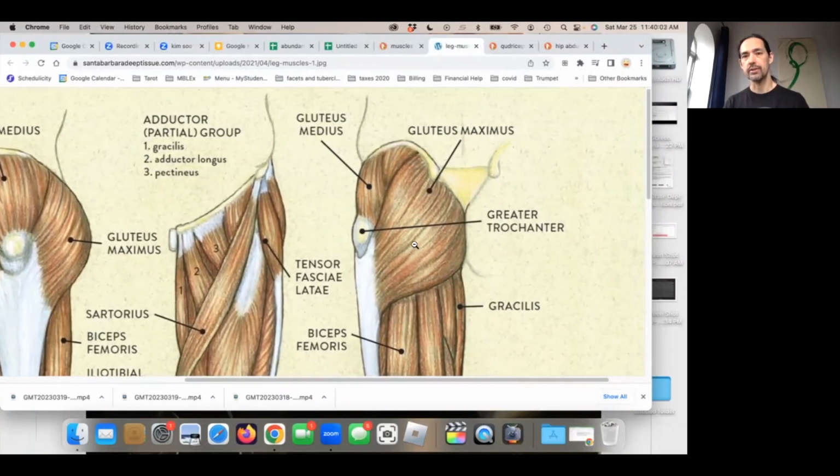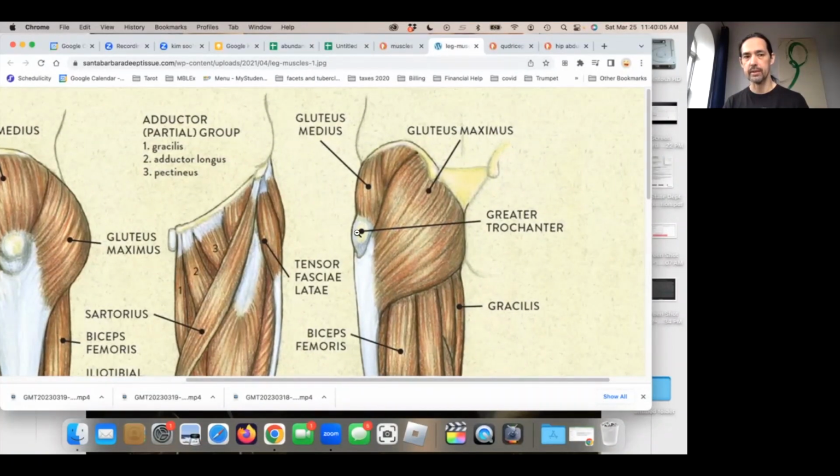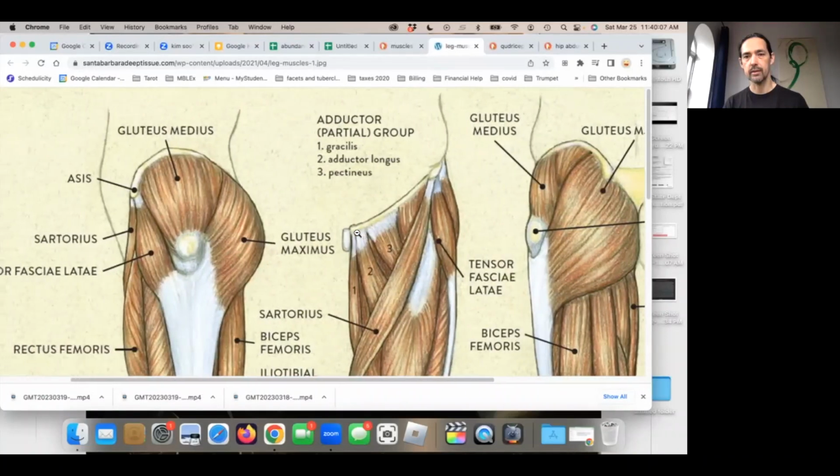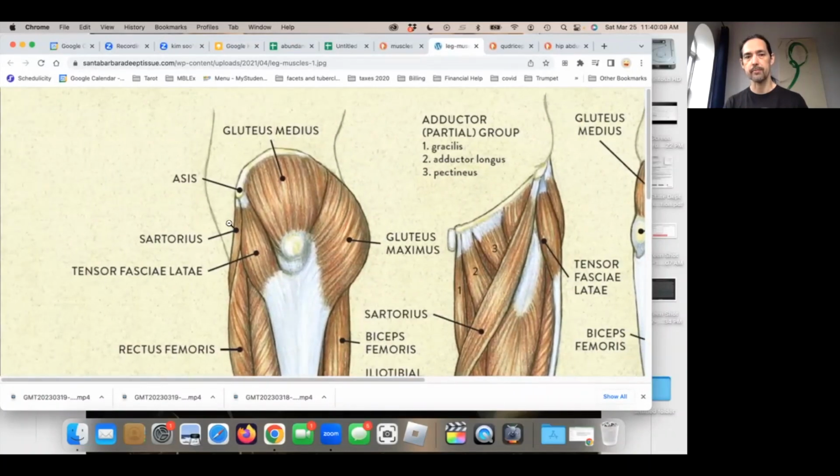Okay, if we look on the posterior aspect, let's go to the side actually. So here's the tensor fascia lata muscle that I mentioned earlier. That's one of the hip abductors. The glute med, I believe, is also an abductor and a stabilizer.